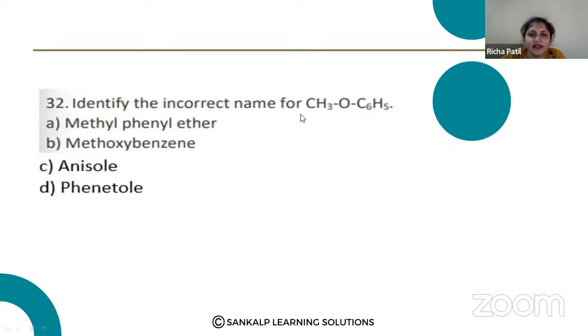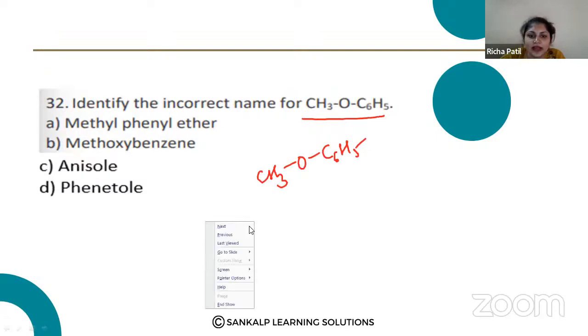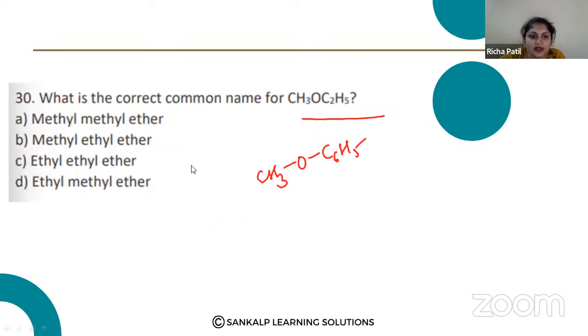Identify the incorrect name for CH3OC6H5. You have to see which is the incorrect name. Why does ethyl come first in the earlier one? Because of alphabetical order.